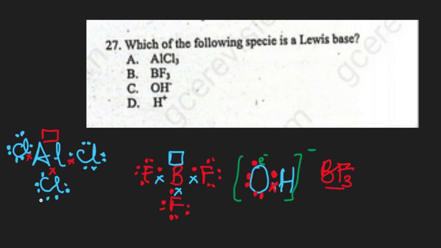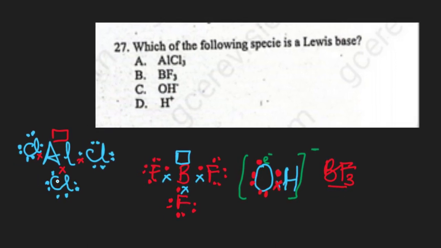And in these structures, what we see here is aluminium having a vacant orbital. All the other three chlorine have octet structure, but aluminium does not have an octet structure, which means that it has a vacant orbital. Likewise, boron trifluoride, unlike hydroxide, which has lone pairs on oxygen, which can be donated to any vacant orbital in either of these components.